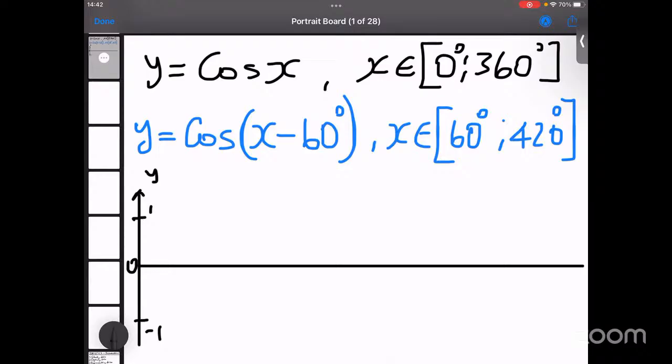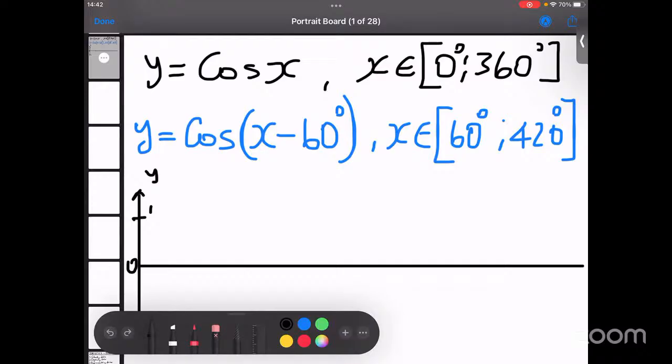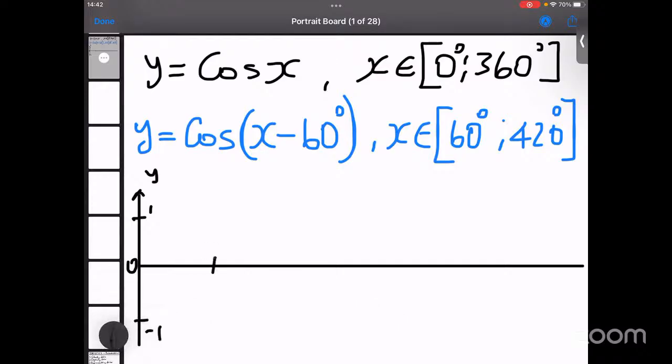So the critical points for that one would be, let me create enough space, let's say 90 there, 180 there, 270 there, and 360 there. So we'll have 90 degrees, 180 degrees, 270 degrees, and then 360 degrees.